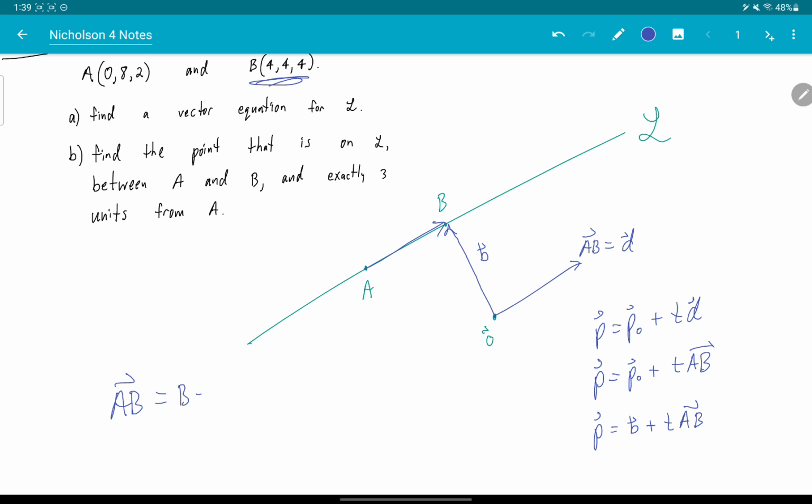It's kind of like you take the point B and subtract the point A. So, sorry, write these as vectors. The vector B minus the vector A, rather. It's probably more straightforward. So I get 4, 4, 4 minus 0, 8, 2, giving me 4, negative 4, 2.